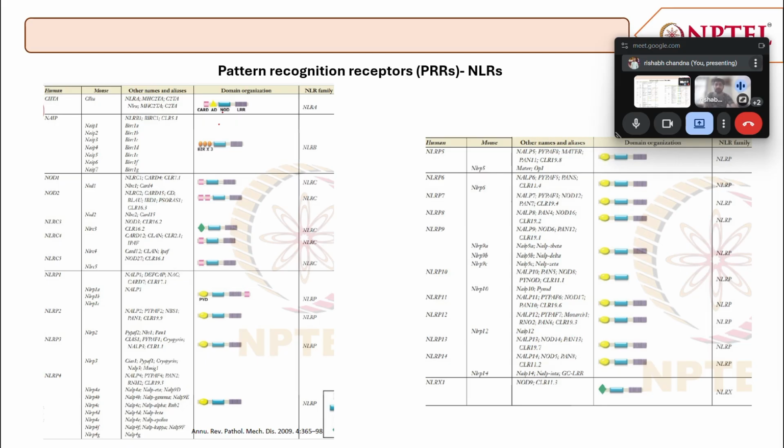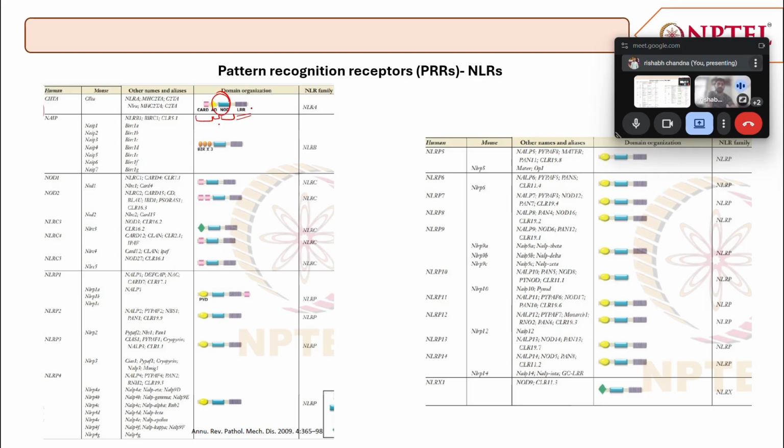then the structures of these NLRs are basically similar in all respects, but there can be some variations based upon the particular role and the particular location where it is produced. The basic structure has a CARD domain, a NACHT domain, the receptor protein for the particular pathogen to be recognized, and the LRR domain.